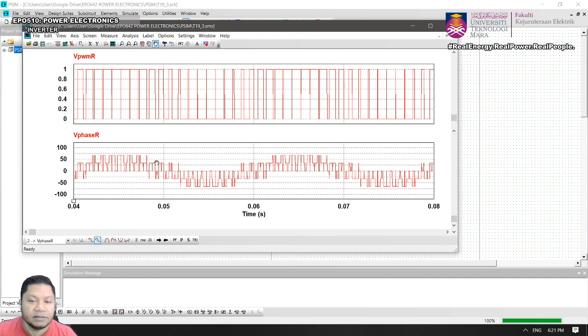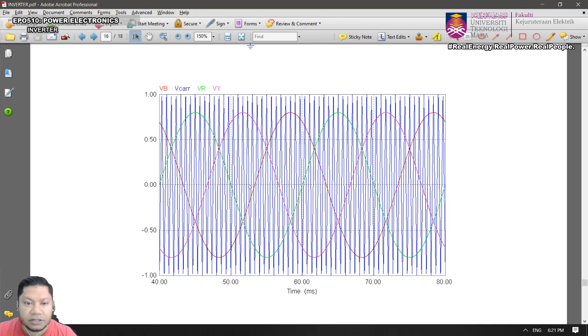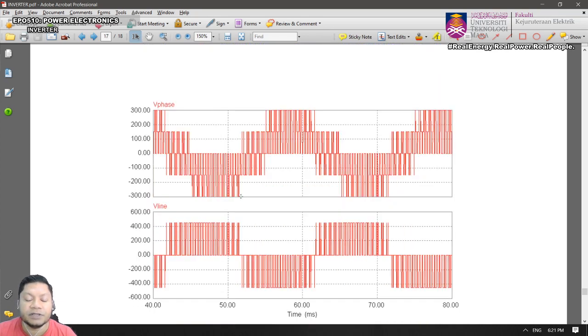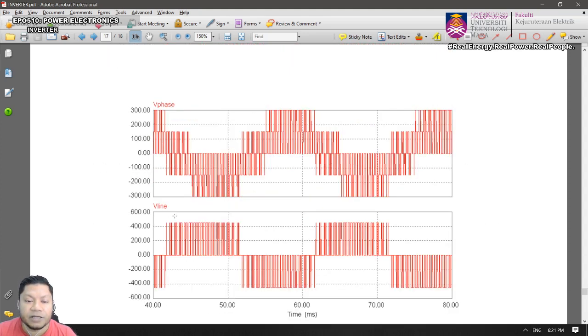Look at that. This is the simulation again. This is the phase voltage, and this is the line voltage there.